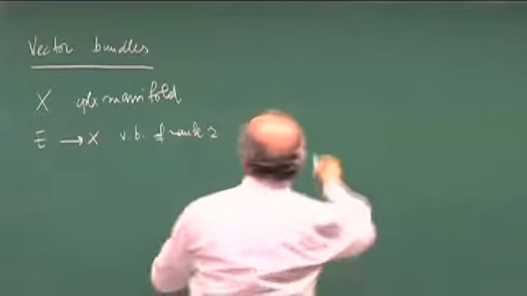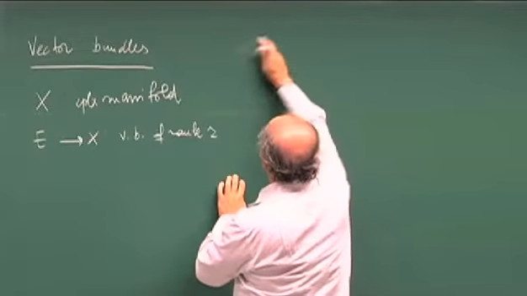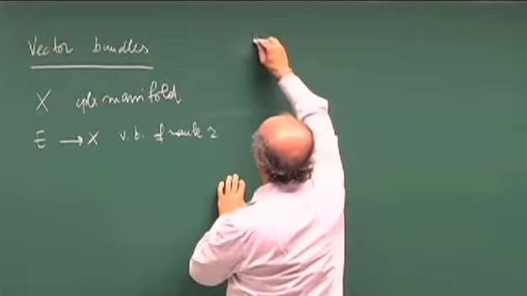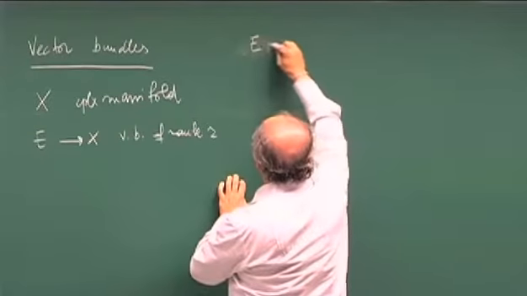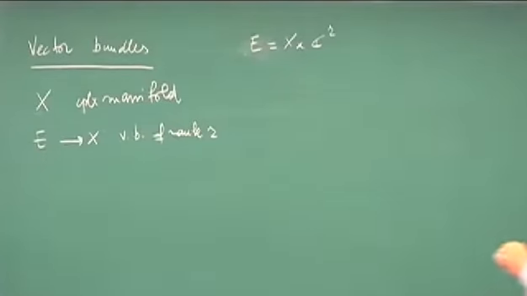So the idea, of course, is that we have what could be called a trivial rank r vector bundle, which is just the product of X times C^r.